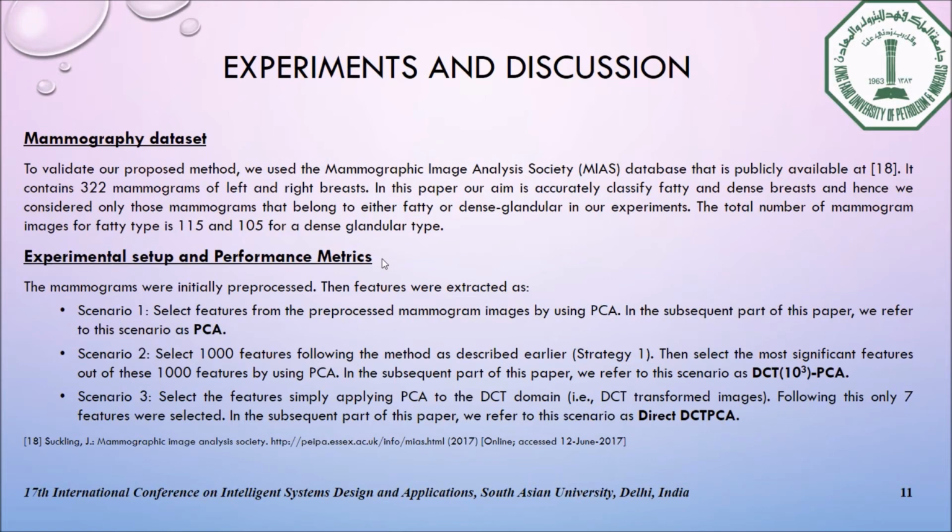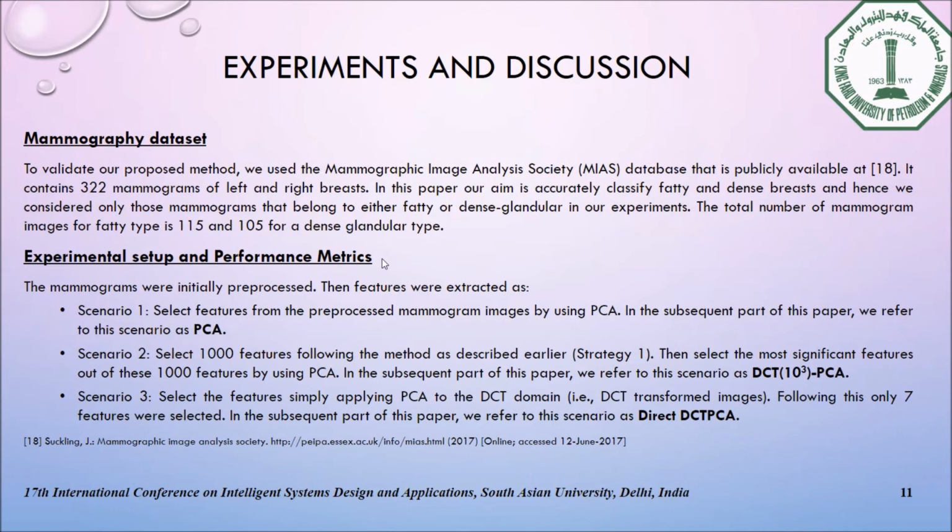To validate our proposed method, we used the well-known MIAS dataset, which is publicly available, and the reference is also given at the bottom of the slide. It contains 322 mammograms of left and right breast.